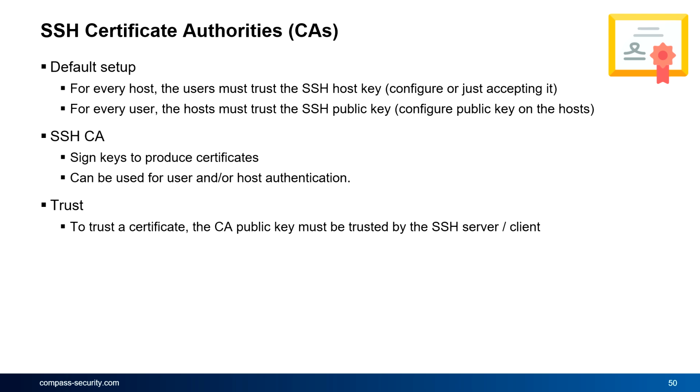The public key of the certificate authority must be trusted by the SSH server and client. So this means in the end, you only have to configure one public key of the CA on either the server or client or on both parts, and you don't have to configure all the host keys or all the public keys of the users.